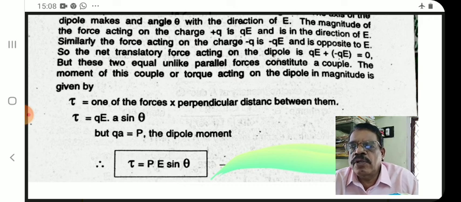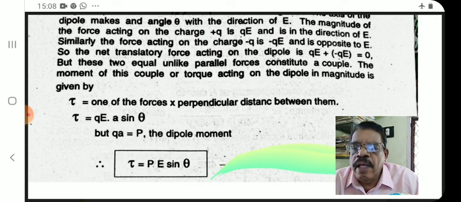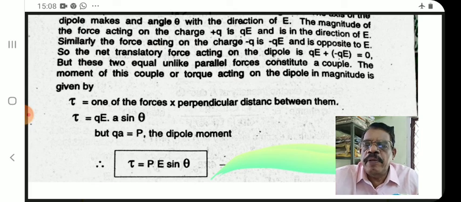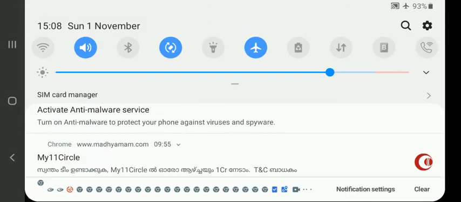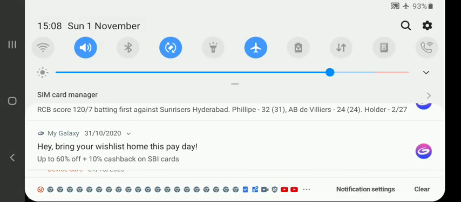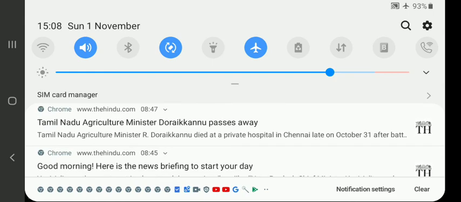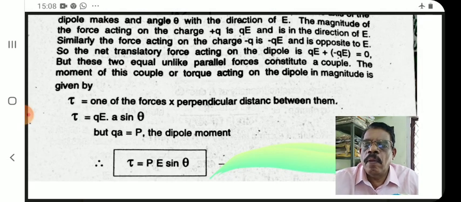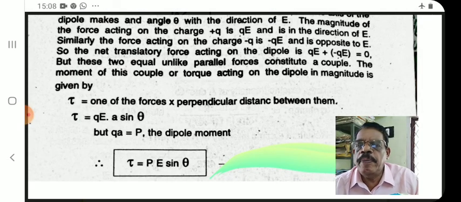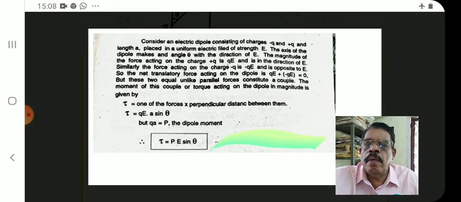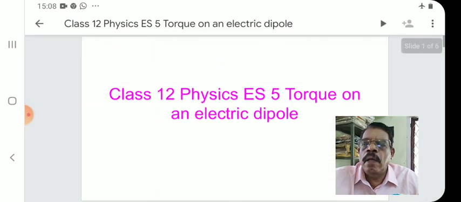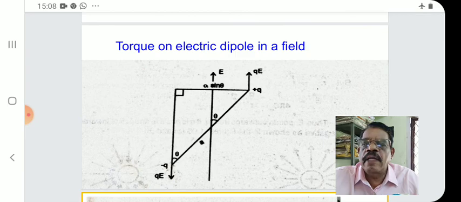That is, tau is equal to q into the perpendicular distance. And the perpendicular distance we have seen in the figure is A sin theta.